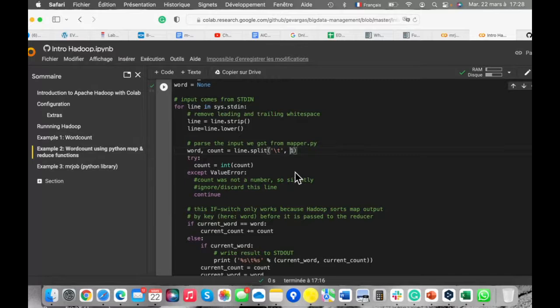Okay, and this is very important because having errors in parallel processing is very bad news because it's difficult to debug.